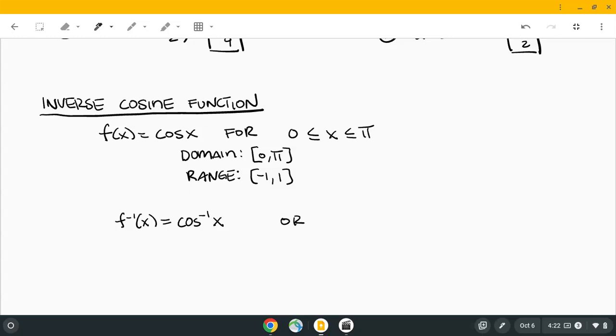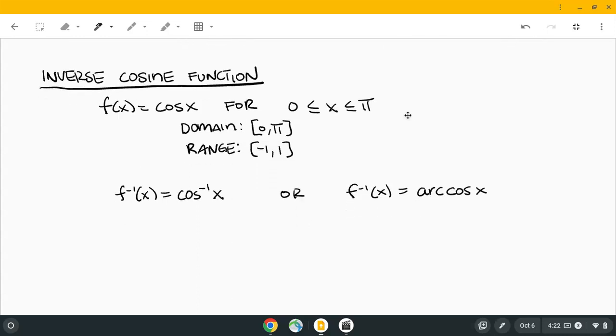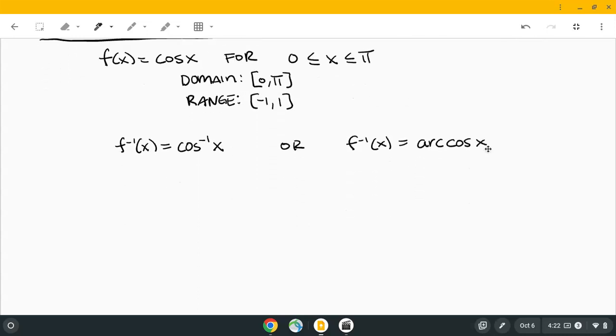We could use that one, or we can use the arc cosine. So it'll look like this. Again, make sure you are able to find that button on your calculator. The inverse function interchanges the domain and range. So here, the domain will now be -1 to 1.